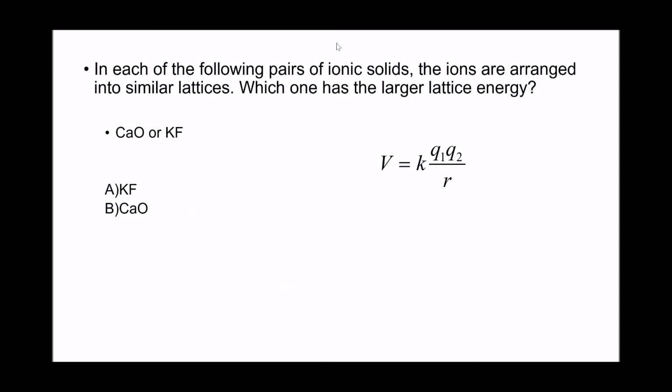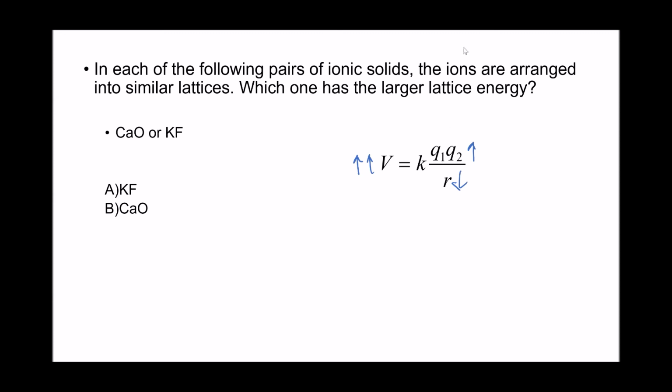And I just want to remind you, lattice energy is going to be larger for larger charge and larger for smaller size. So just think about each combination and compare them in terms of the charge of the ions and the size of the ions.